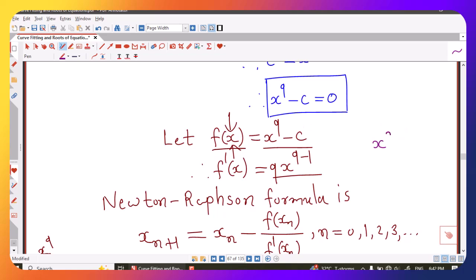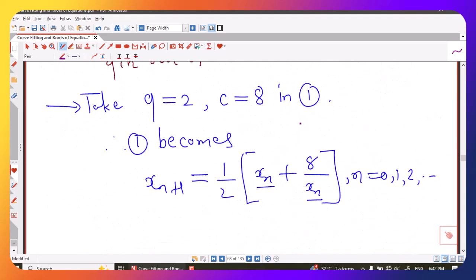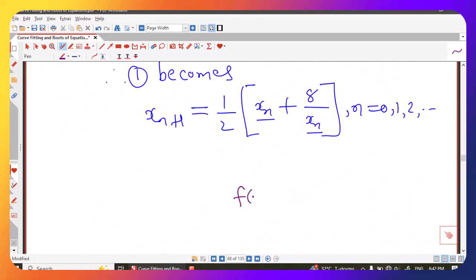So we consider q equal to 2 and c equal to 8. So our function becomes fx equal to x square minus 8. So fx is x square minus 8, and we want to solve this equation now, and for that we will use this formula.